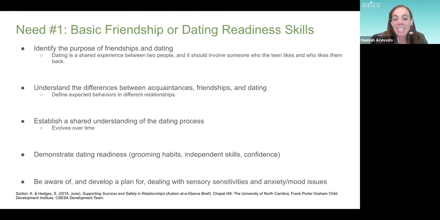Other skills like grooming habits, getting from point A to point B independently, like navigating public transportation, and having the confidence to ask someone out are all things that sometimes need more support and explicit teaching. Also, many individuals struggle with sensory sensitivities or anxiety and mood issues. And so it's important to explicitly talk about those and have a plan for how we're going to handle those.